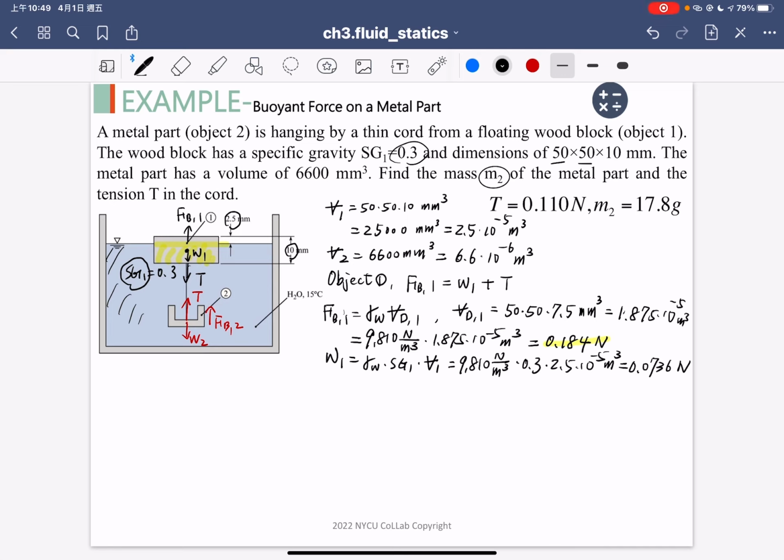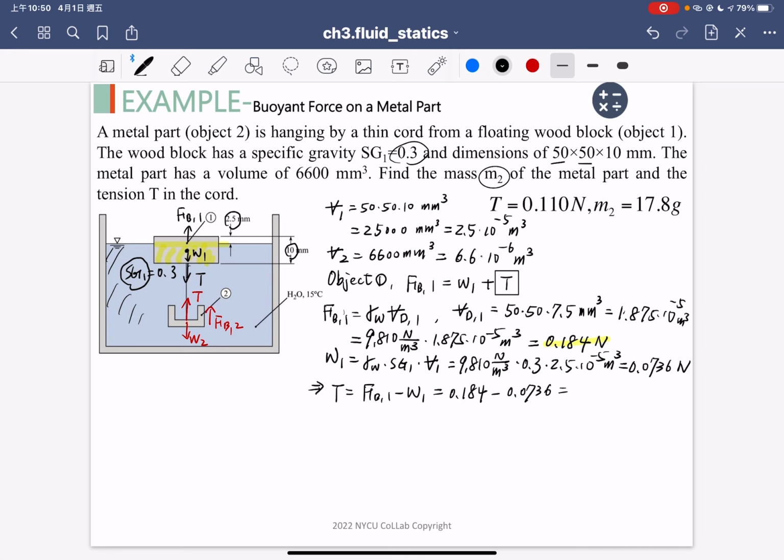So the topic here, we need to compute the tension force first. So we know that the T will equal FB1 minus the weight W1. So it is equal to 0.184 minus 0.0736.